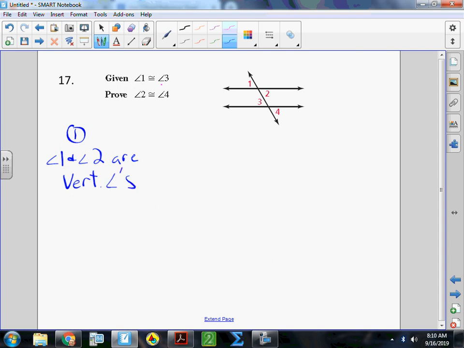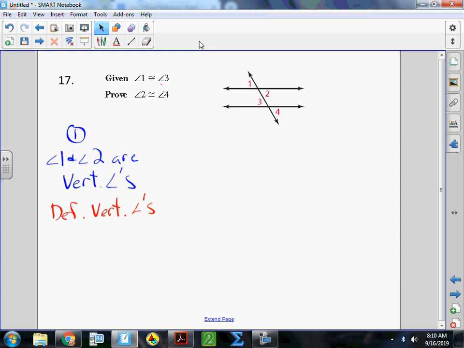I could also say the other pair is vertical angles, but I just want to start with one statement and follow it. When you list out too many things in the beginning, proofs can get confusing. So angle 1 and 2 are vertical angles. My reason is the definition of vertical angles.